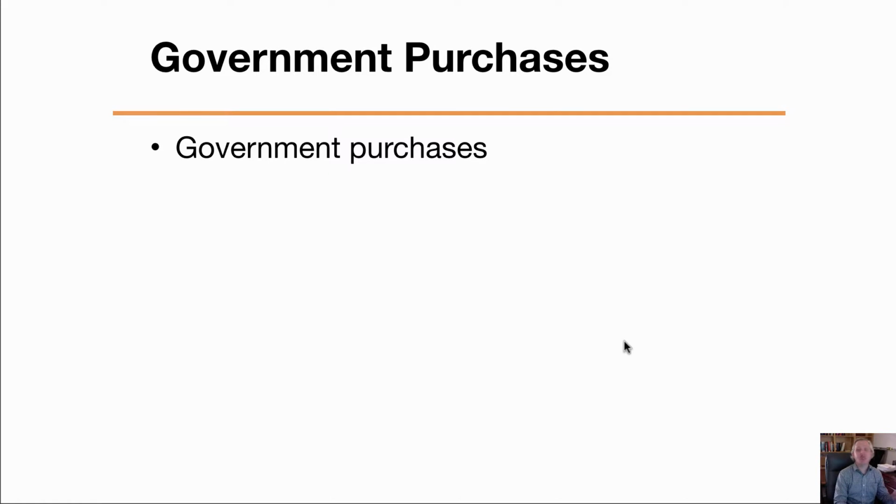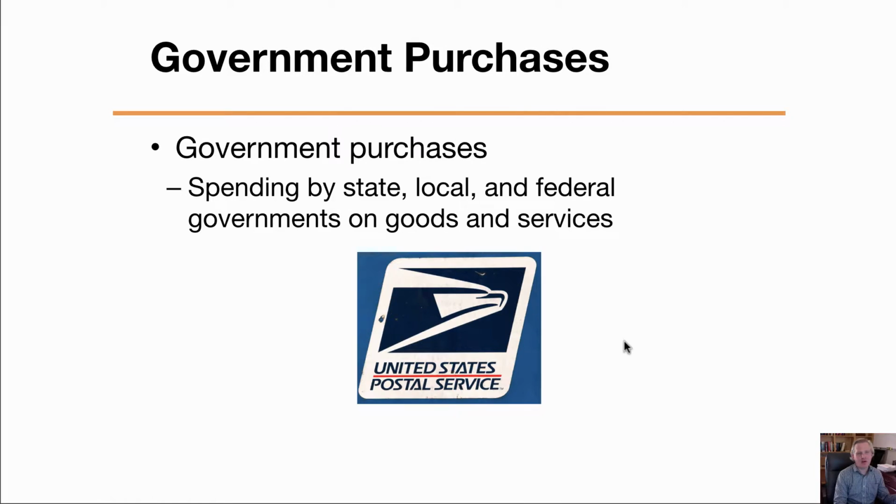What about government purchases? Government purchases are spending by state, local, and federal government entities. So any kind of spending that a government agency does is the government part of Y equals C plus I plus G plus NX. It's that component of overall GDP.